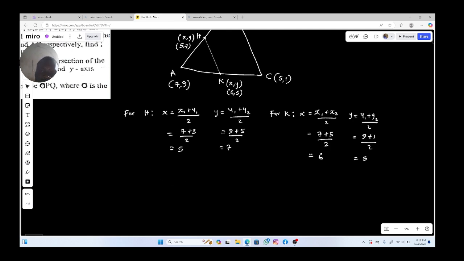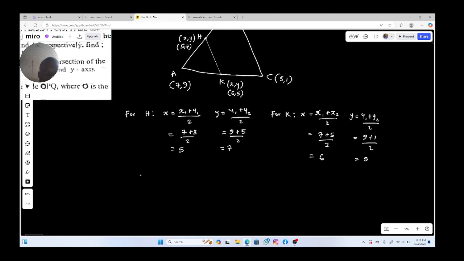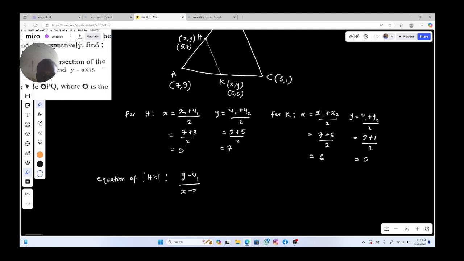Now this is the 2-point form of equation. So line HK, the equation of line HK is gotten by using (y minus y1) over (x minus x1) is equal to (y2 minus y1) over (x2 minus x1).